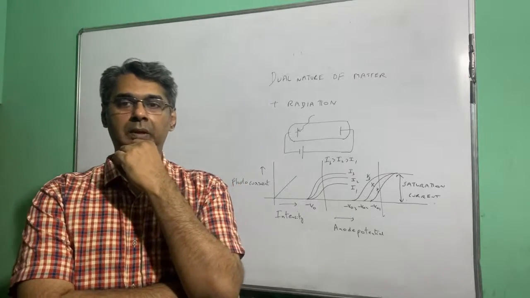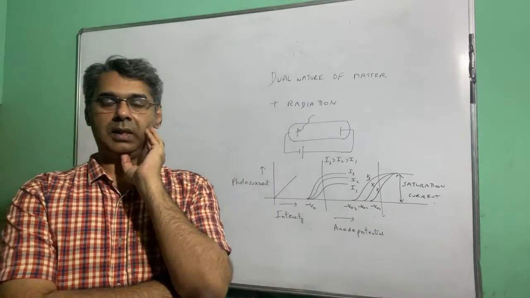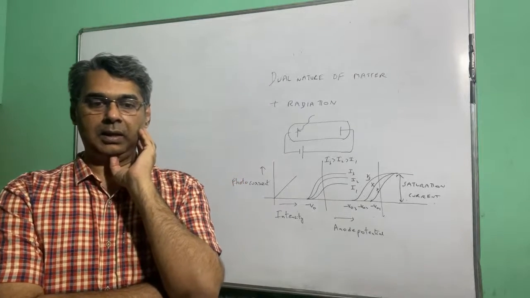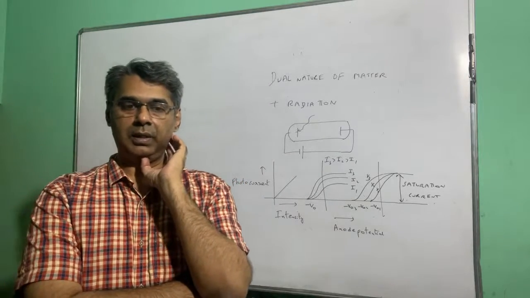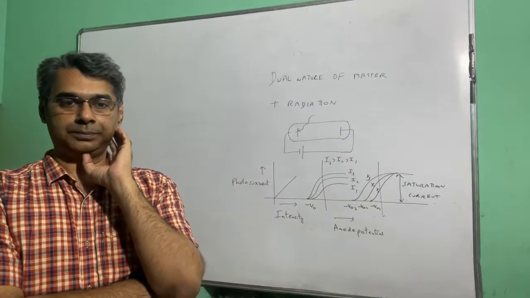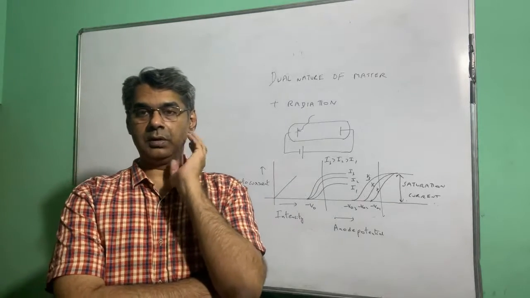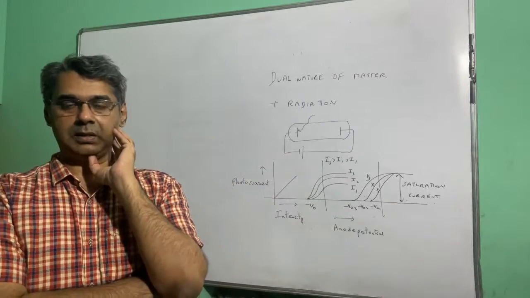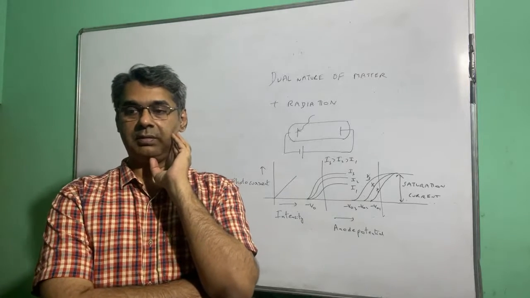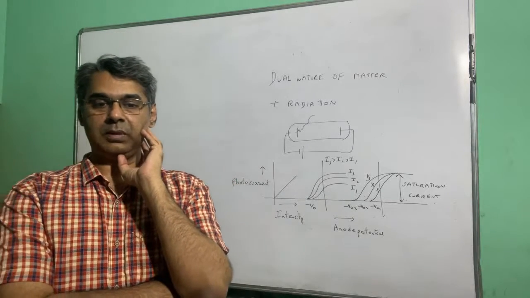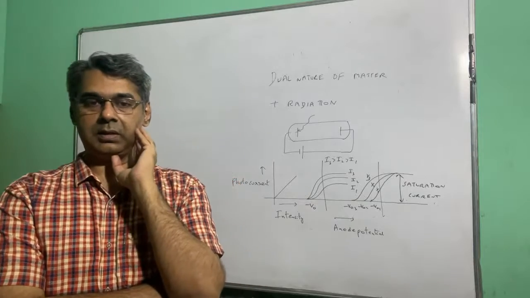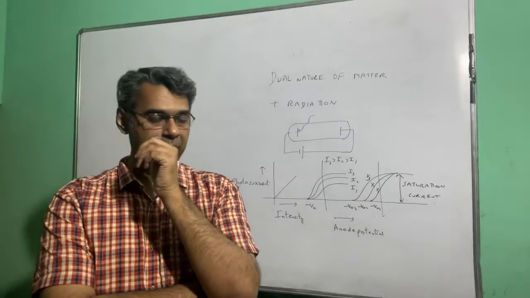One is that we are aware that light is an electromagnetic wave and light is made up of photons. But can photons also interact with particles? Photons are supposed to have wave-like nature, but is it possible that photons can interact with particles? So that is the first thing.